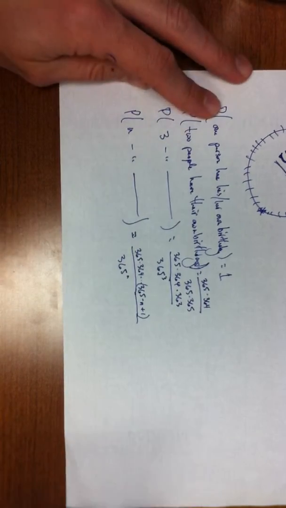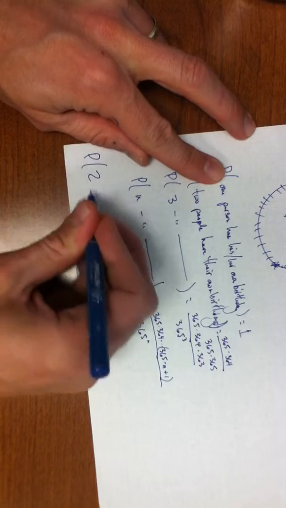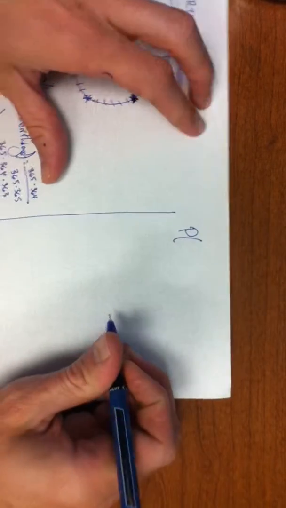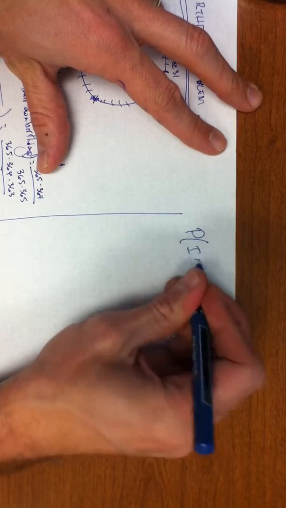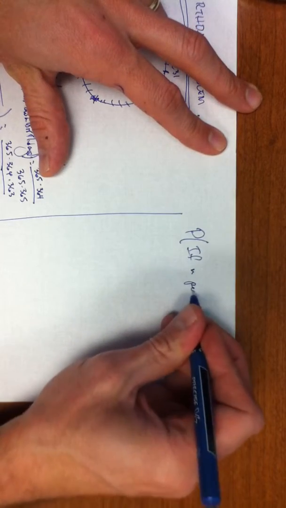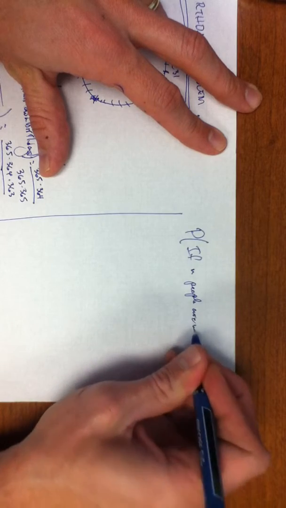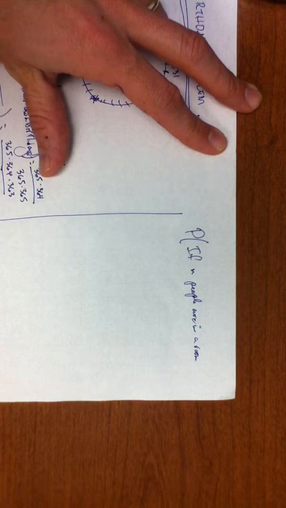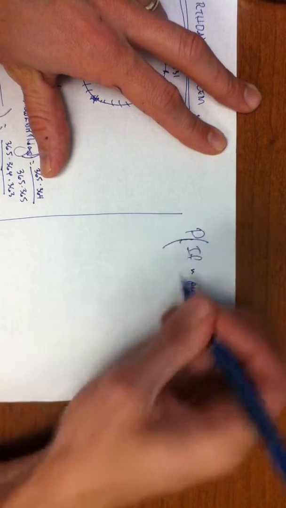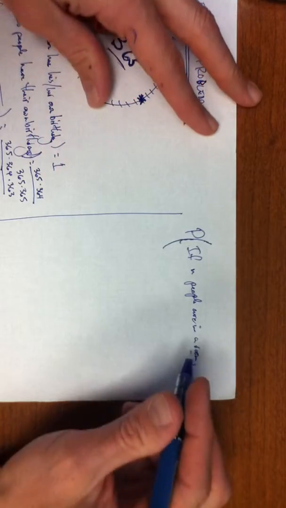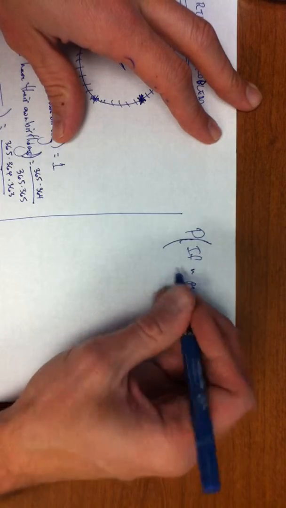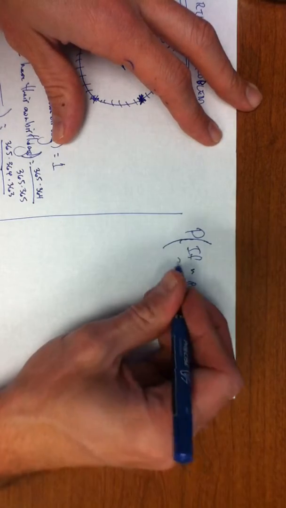Now, what is the probability that two... Well, now let's write it like this. What's the probability that if you have n people in a room, two or more share a birthday?